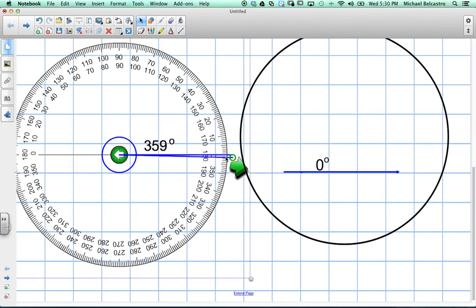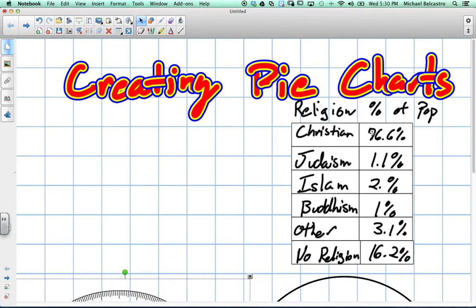Okay, so what we're going to do is figure out how many degrees each of these percents are. So for each of the percents, I have to take 360 and multiply it by the percent. Now, how do I turn that percent into a decimal? 76.6 is the percentage.